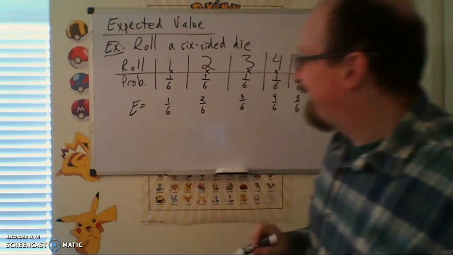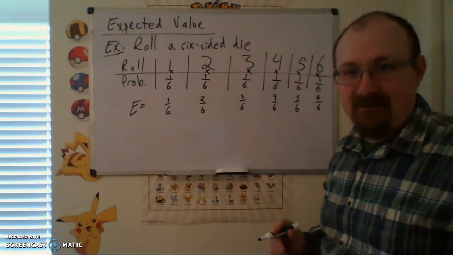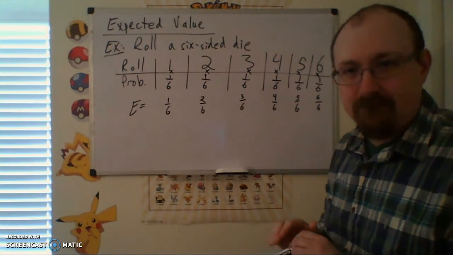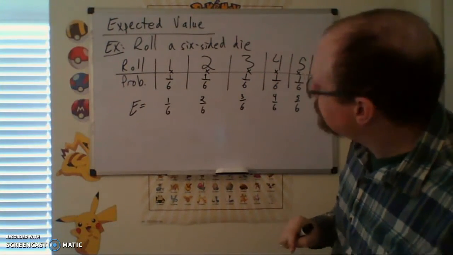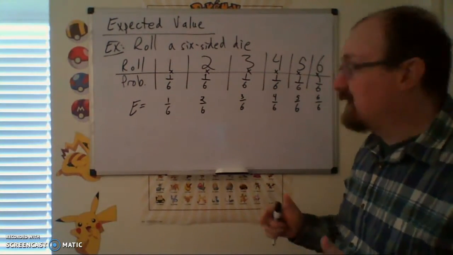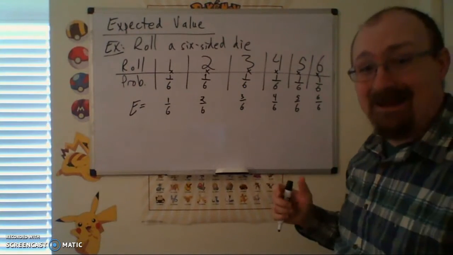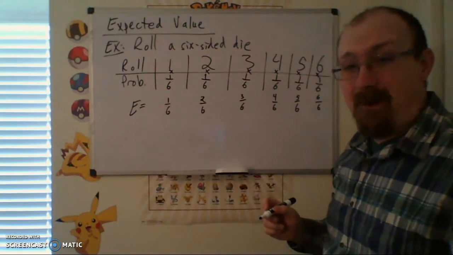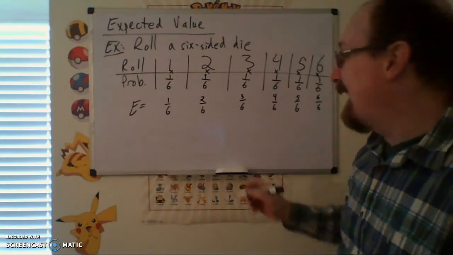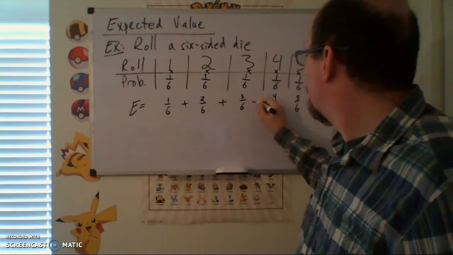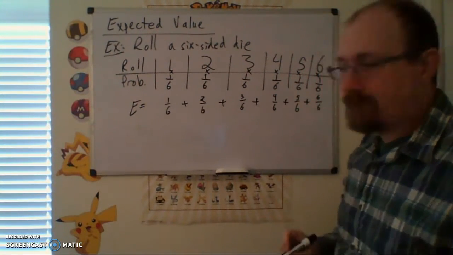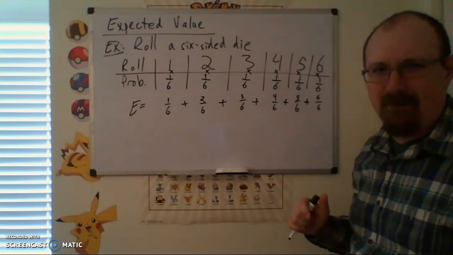We usually use the letter E as a shorthand for expected value. If you don't want to, use something else. So we've worked out the product of each of these outcomes by its probability. The last step in our process is we add these together. That's part of why I didn't simplify the fractions.